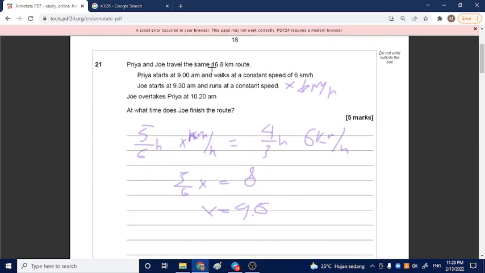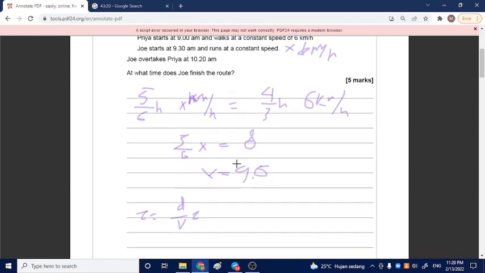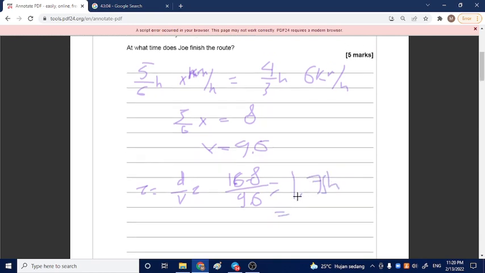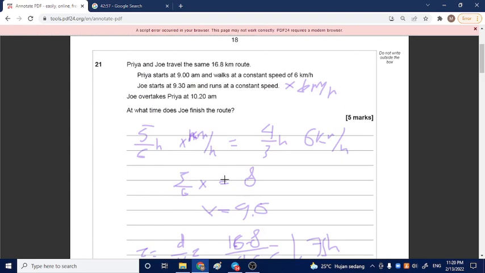Since time is distance over speed, distance is 16.8, velocity is 9.6, 16.8 divided by 9.6 is 1.75 hours, which is 1 hour and 45 minutes.